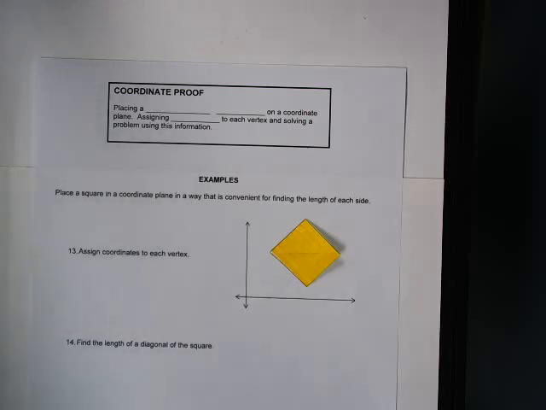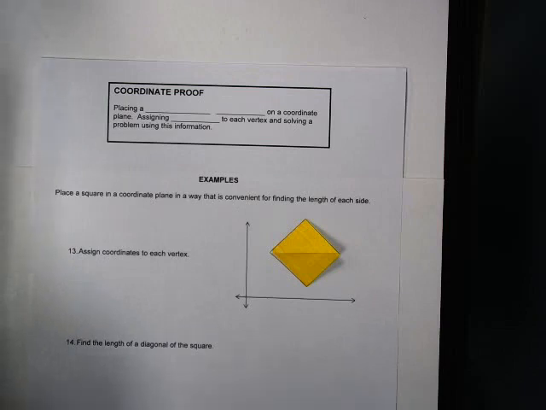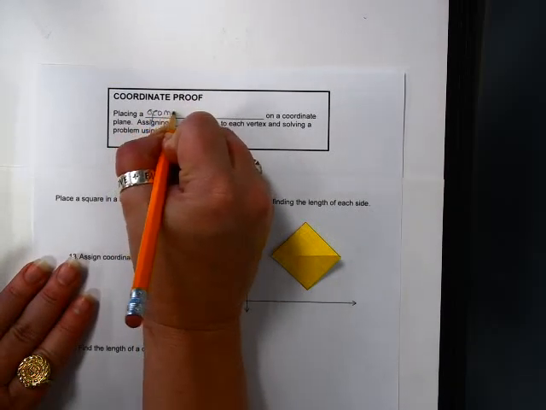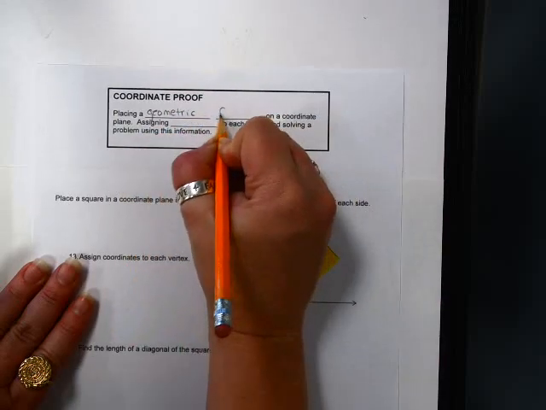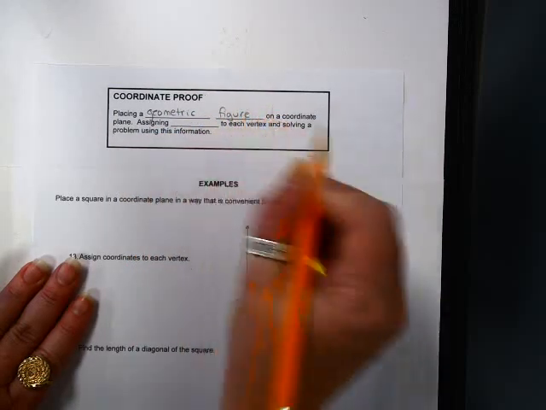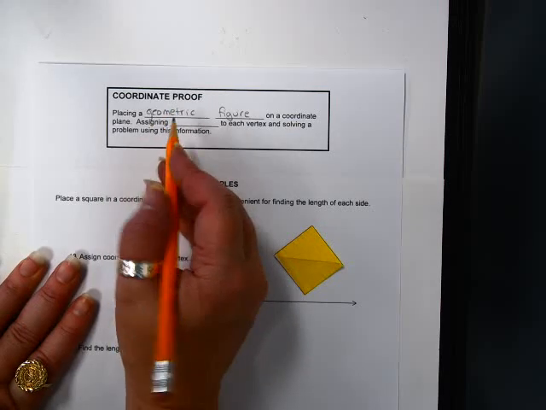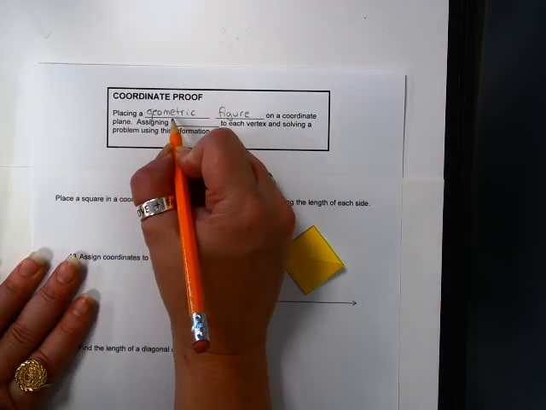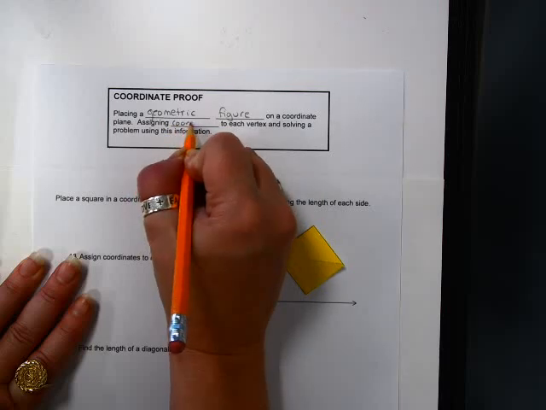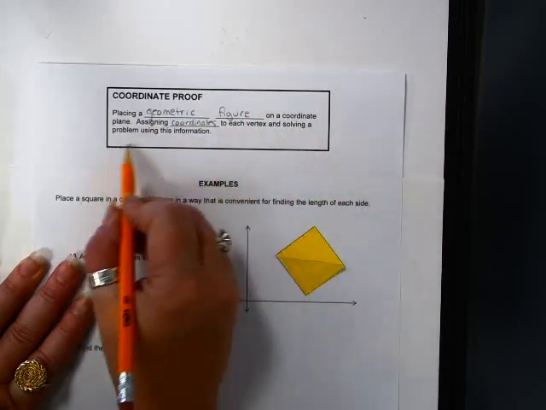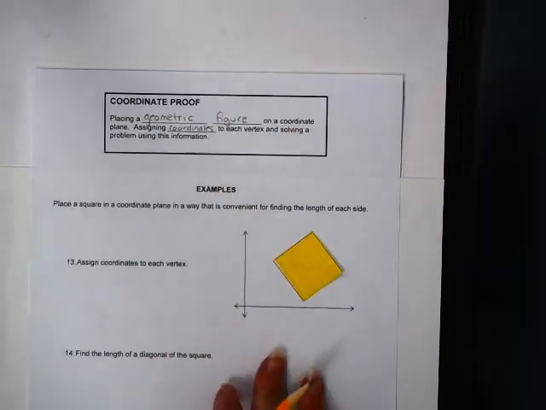Coordinate proofs says placing a geometric figure on a coordinate plane. It involves assigning coordinates to each vertex and solving a problem using this information.